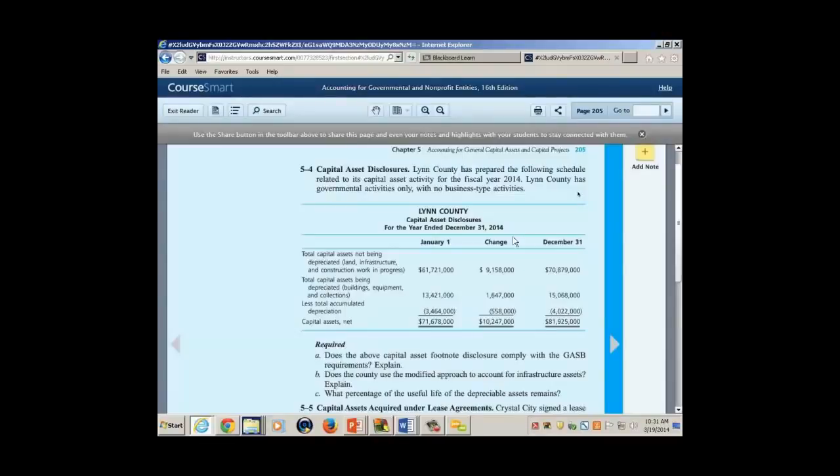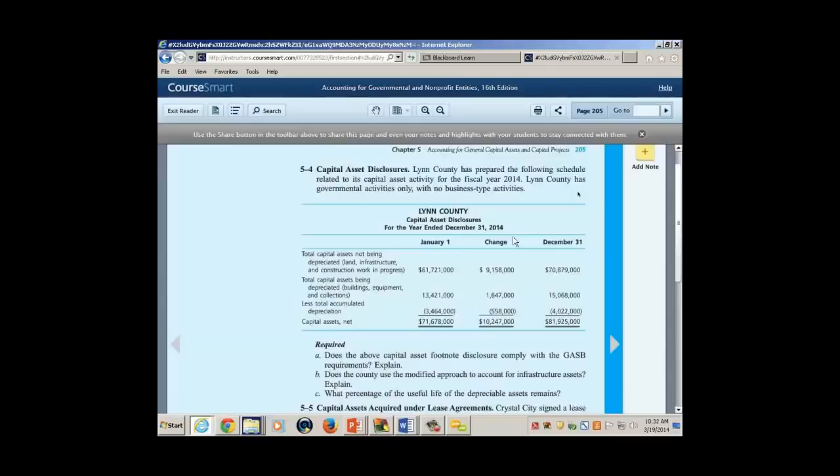Now, tell me one thing. Does the county use the modified approach to account for infrastructure assets? Do they use the modified approach or they don't? Yes, they do.